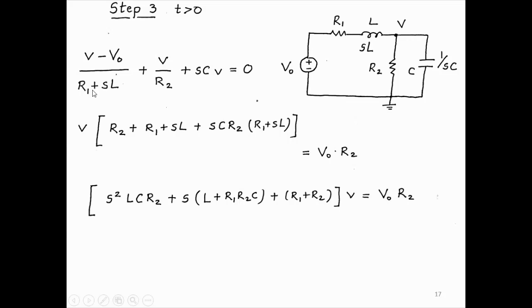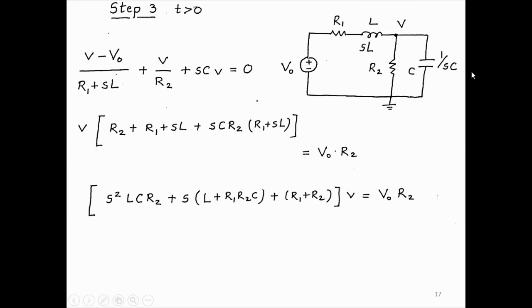And so now we simplify this. So we get this. And then we write it in this form where we have the S squared term with a coefficient, the S term with a coefficient, and an S raised to 0 term, V equal to V0 R2. Alright, so this is the operator method.